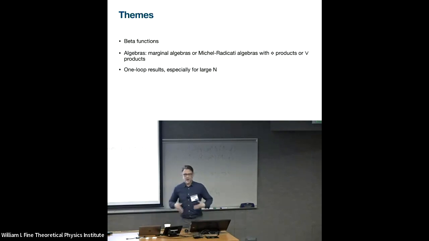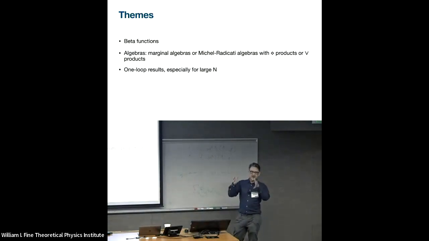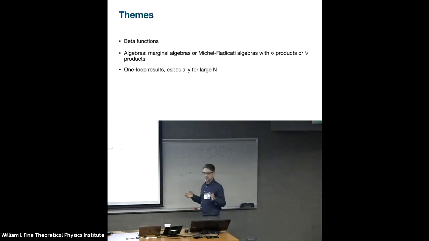Let's see. Okay, so I will talk about beta functions. In this talk it will just be about one loop, but of course I'm worried about higher loops. That's the outlook, and I have some ideas about them. Then I'm going to talk about algebras. You could call them marginal algebras because the elements in the algebras are marginal couplings. The old reference is to Michel and Radicati. They found this a long time ago. These algebras, originally, had nothing to do with renormalization.